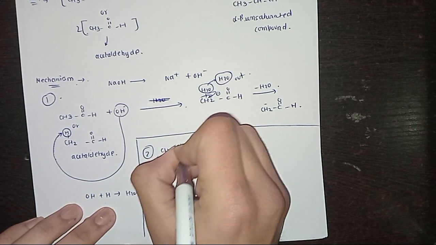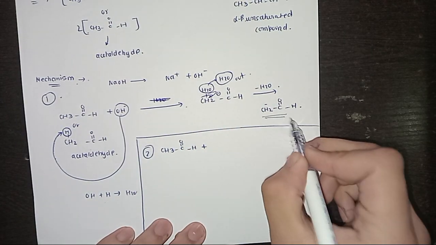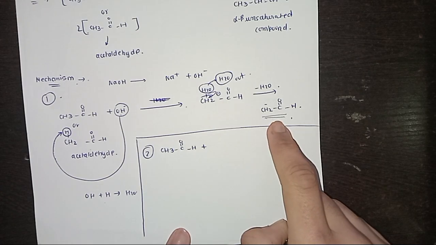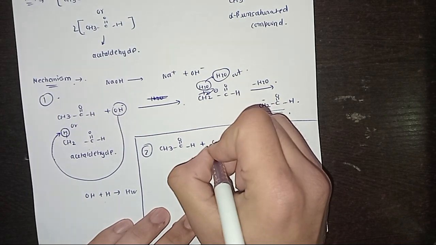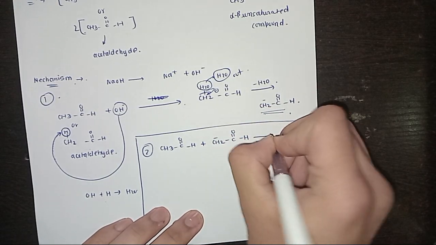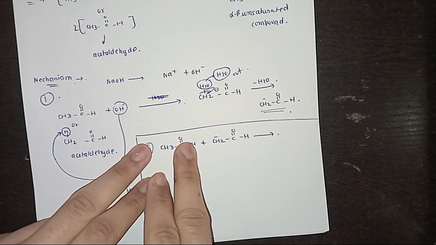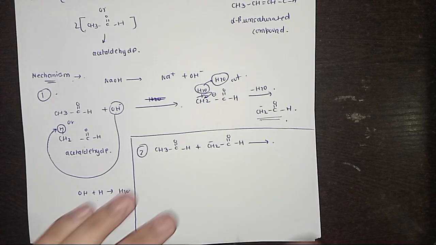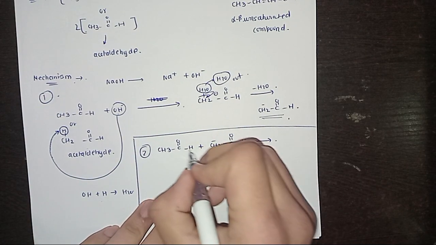Last में तो हमारे पास यही का बचा ना, यही हमारे पास compound बचा. So we will take this compound and we will react this compound with the remaining acetaldehyde we have. And now what will happen?